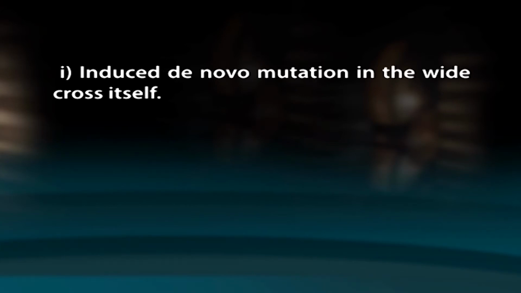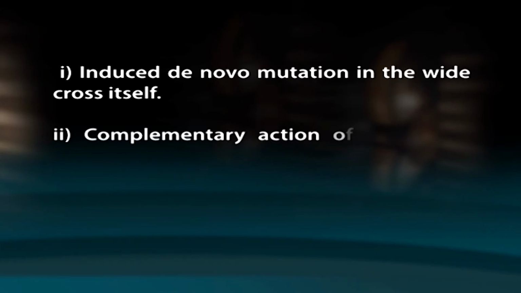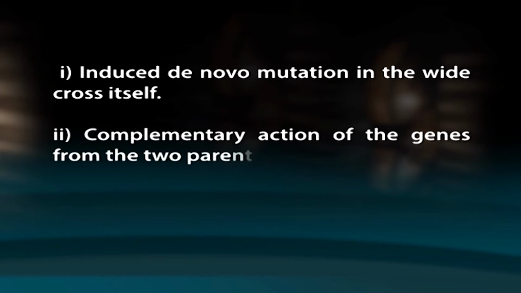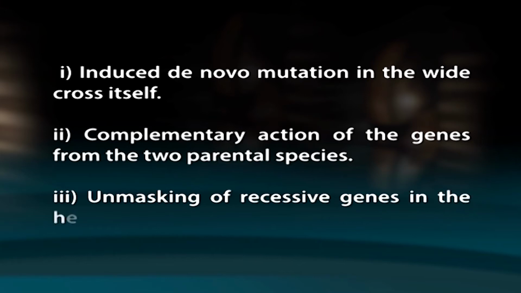It is often observed in the progenies that are derived from interspecific transgression. There are 3 explanations for the interspecific transgression. 1. Induced de novo mutation in the wide cross itself. 2. Complementary action of the genes from the 2 parental species. And 3.